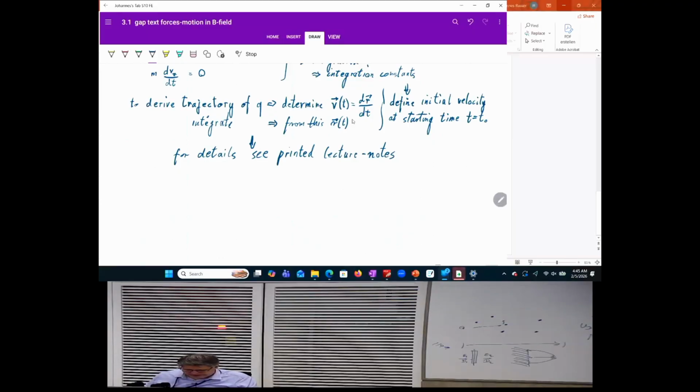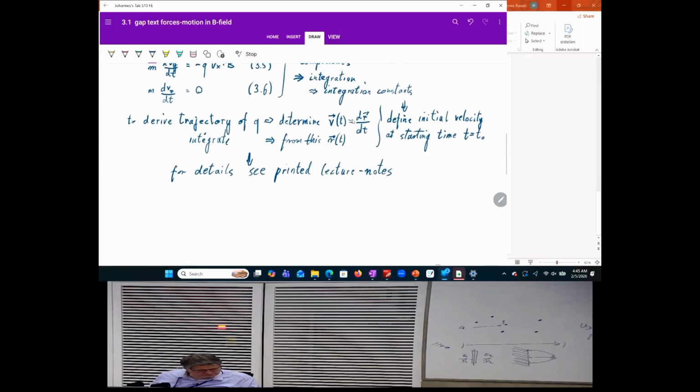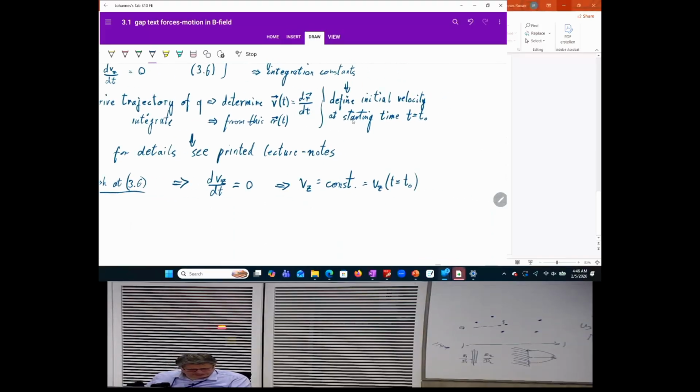So we have these three first order differential equations, 3.4, 3.5, 3.6. Let's start by looking at 3.6, and you see that the temporal derivative of Vz is 0, which leads us to the conclusion that Vz is a constant. That means whatever our Vz is at the time t0, this will not change.